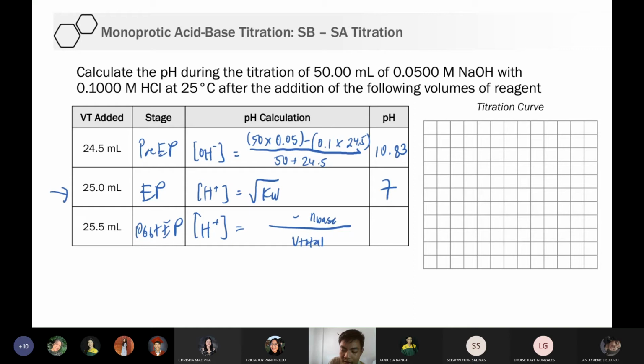Remember, acid is the titrant. So, that's MTVT. Mole base is the analyte. So, that's MAVA. Okay? Hopefully, napagdudugtong-dugtong nyo yung mga shortcuts natin. So, since we now know the equation, plug in the values.